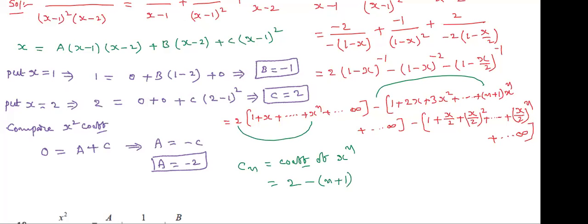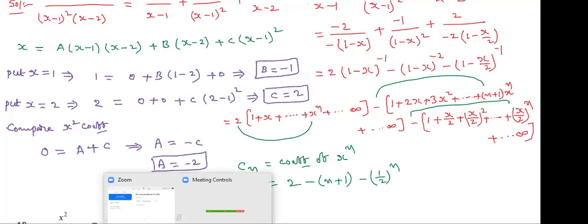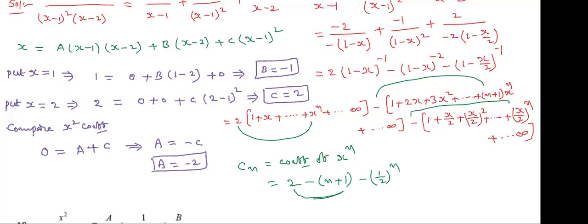Next, coefficient of x power n, these two, minus 1 by 2 whole power n. So overall, if you are calculating these two, we get 1 minus (n minus 1 by 2) whole power n. This is Cn value.